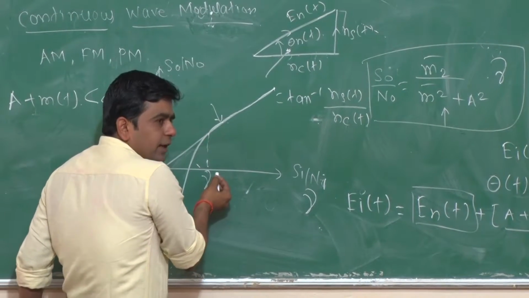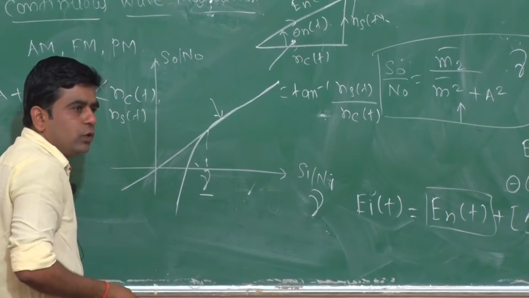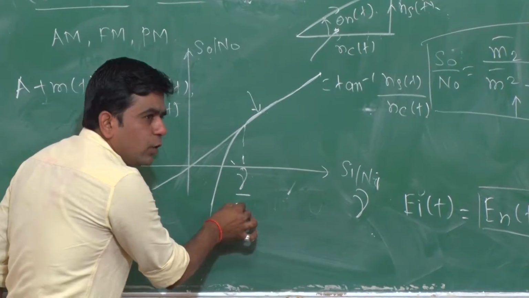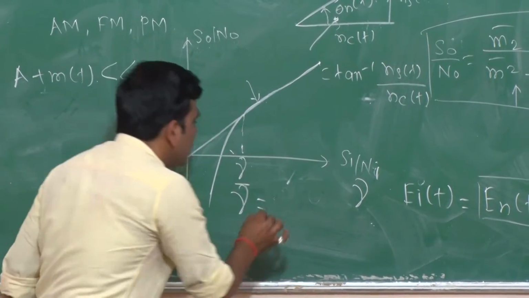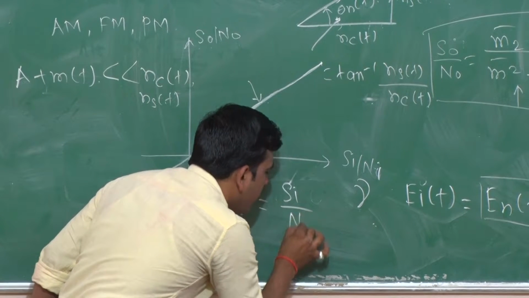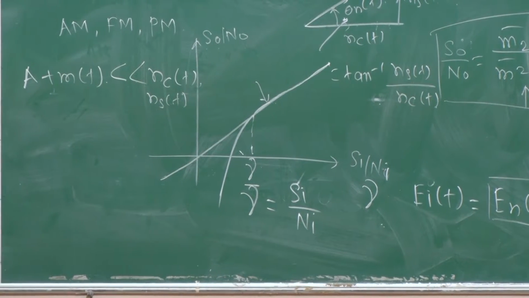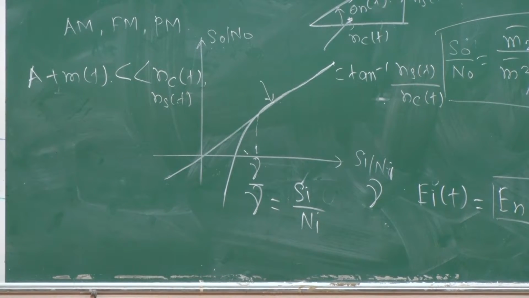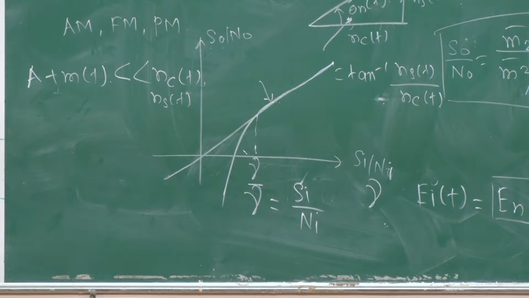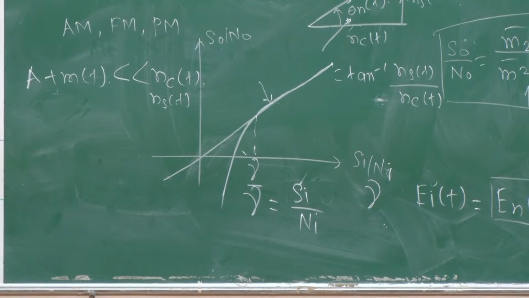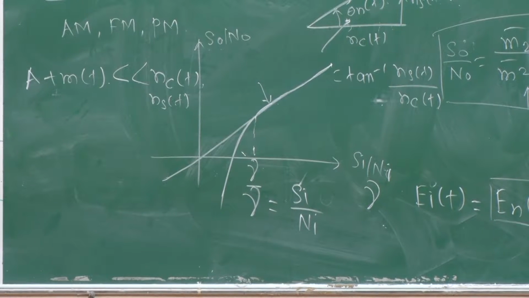As we are decreasing the input signal to noise ratio, which is given as Si divided by Ni, that means noise power increases.